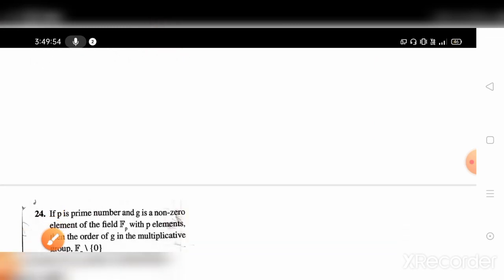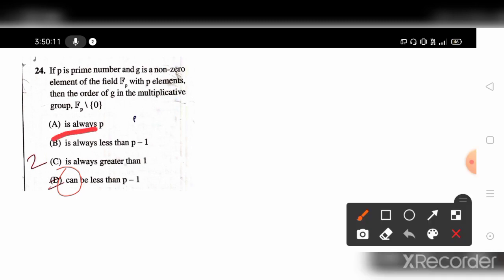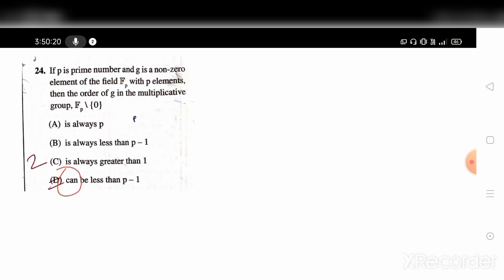Next question. If P is a prime number and G is a non-zero element of the field of P with P elements, then the order of G in the multiplicative group of the field minus 0. In option A, given always P. First of all, read the question carefully.